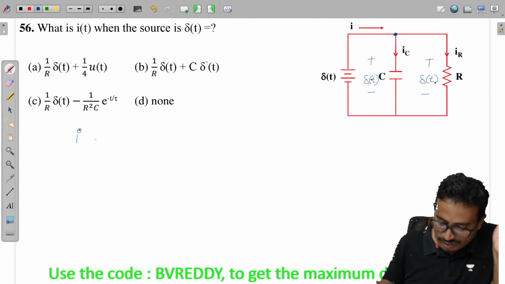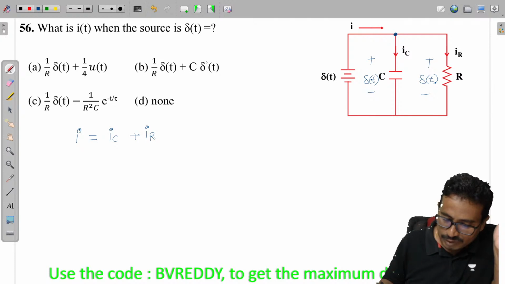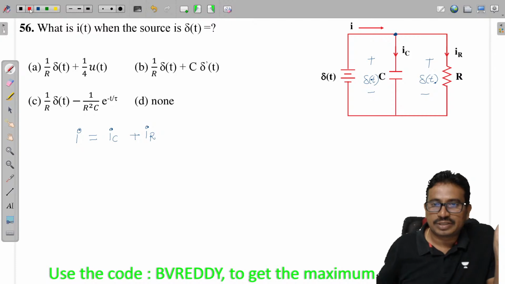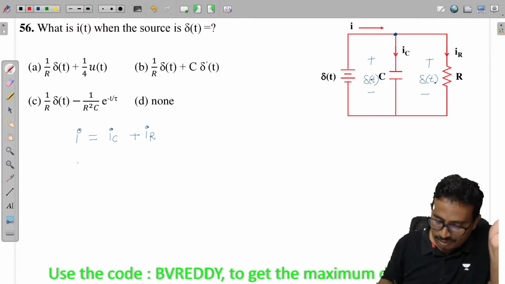This I is given as IC plus IR, the sum of the two currents. So this is IC, which is given as C into dV by dt.